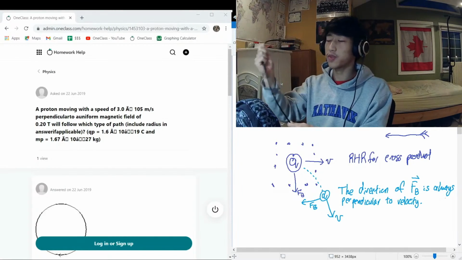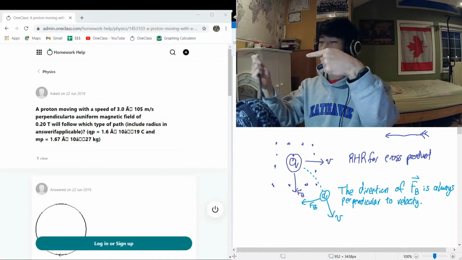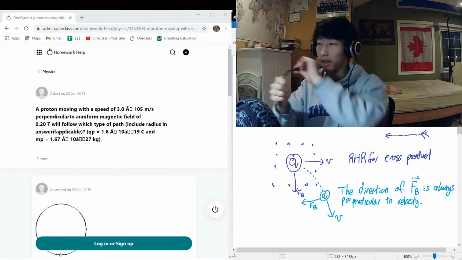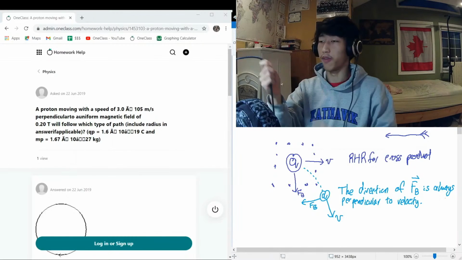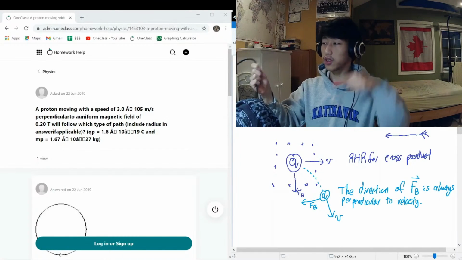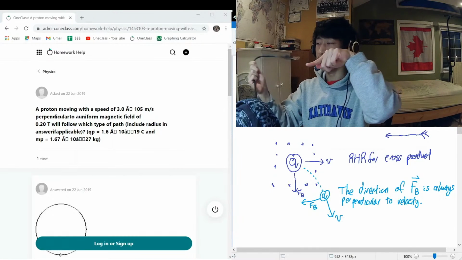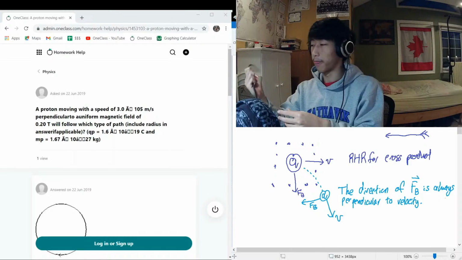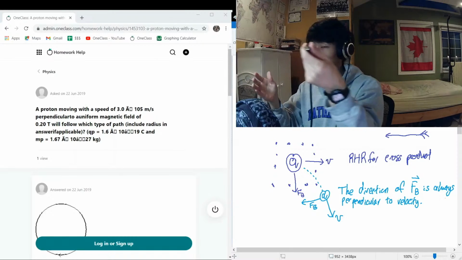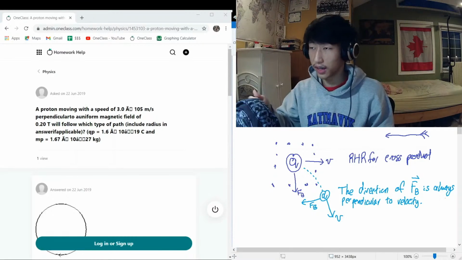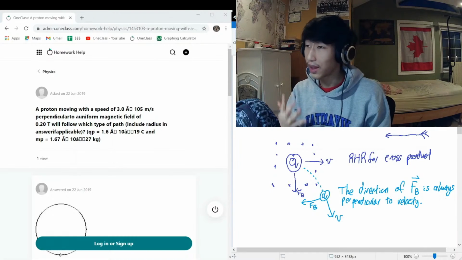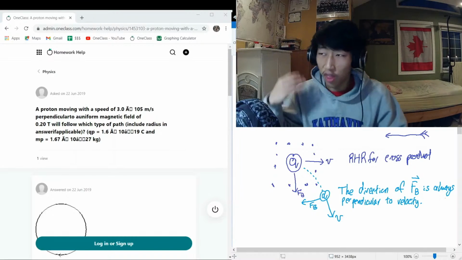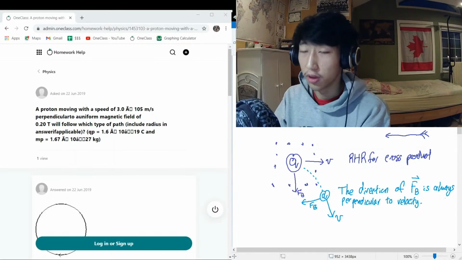So if I'm spinning it around here like this, you can see that the tip itself is always going the same velocity as it's flying around, but the force is going towards the center of the spin to make sure that this is not flying away. And if I were to suddenly let go of this, it would just keep flying in a tangential path, because once I let go, there's no more centripetal force. And that's what this magnetic force is acting as. The magnetic force is acting as a centripetal force.